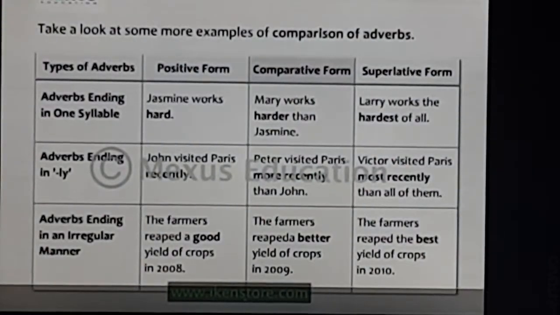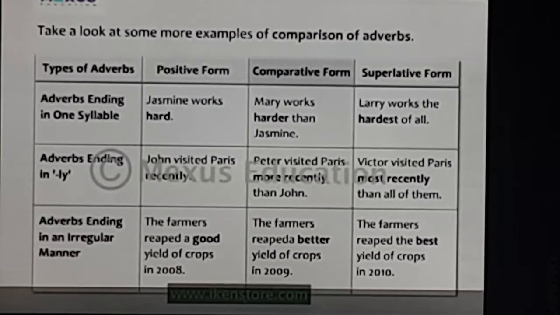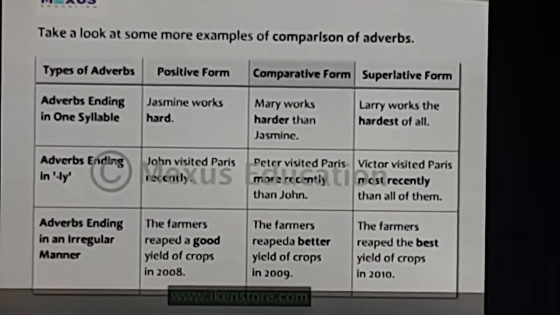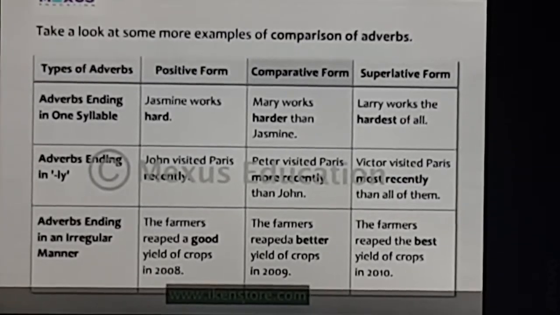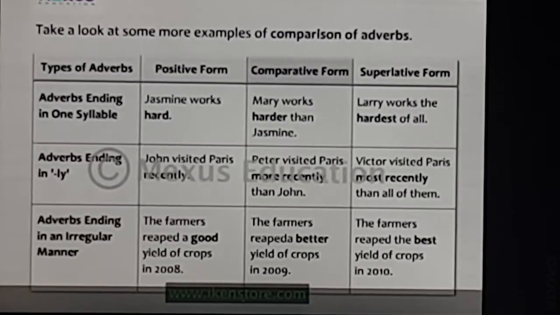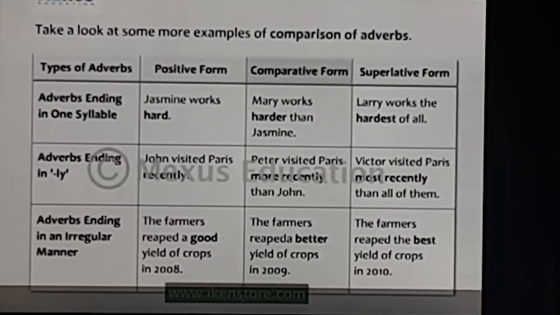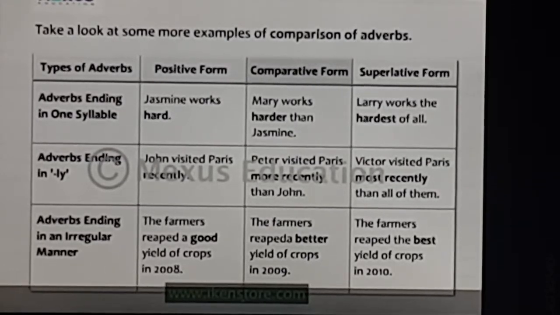So this is one more table to give you more examples. Types of adverbs: when we have one syllable, then when the word ends with ly, and then when adverbs end in an irregular manner, like well, badly, and all that. Positive form: Jasmine works hard.